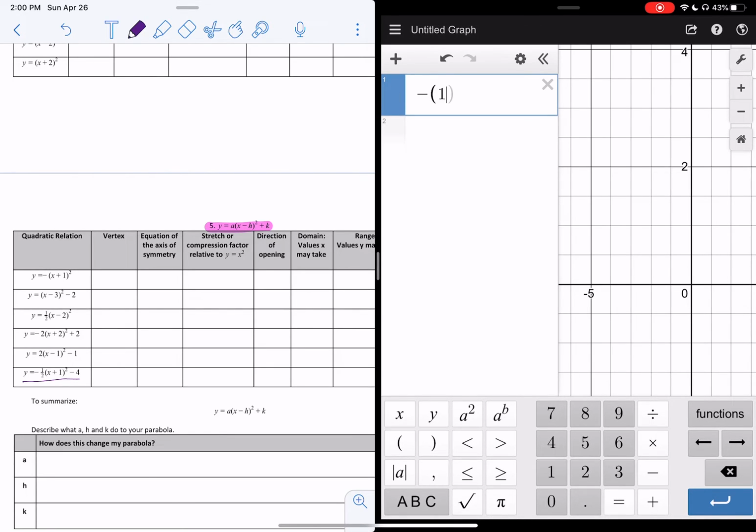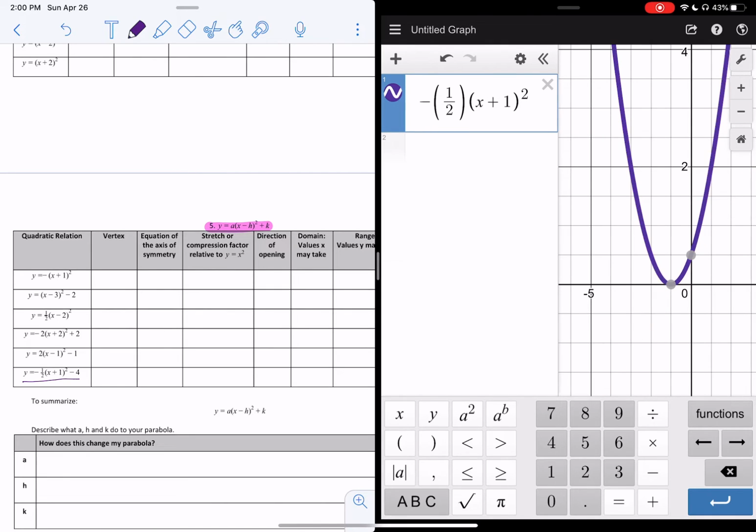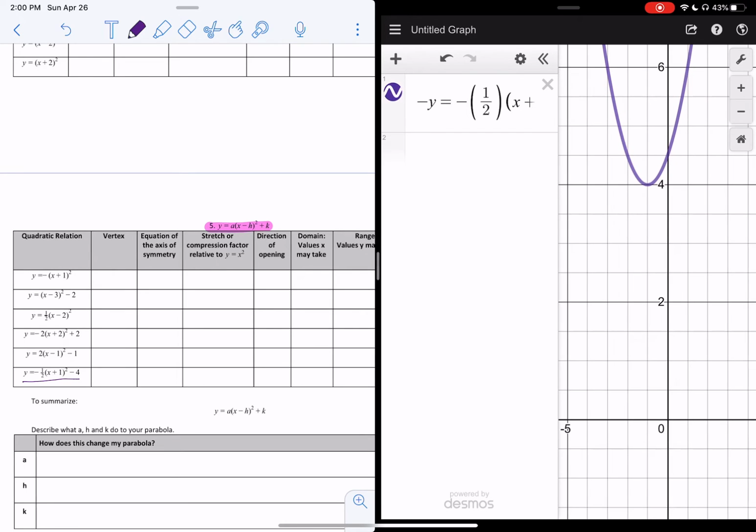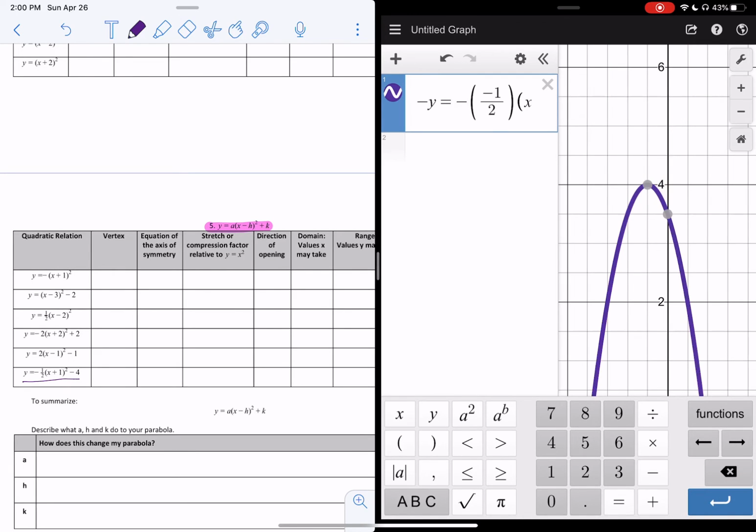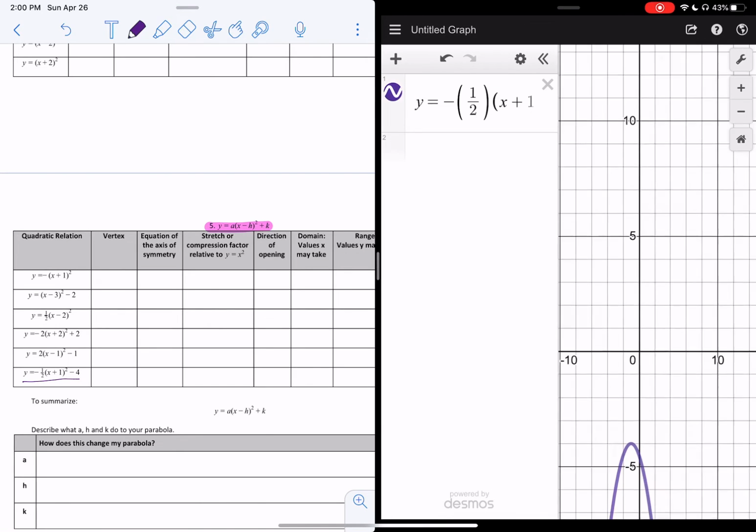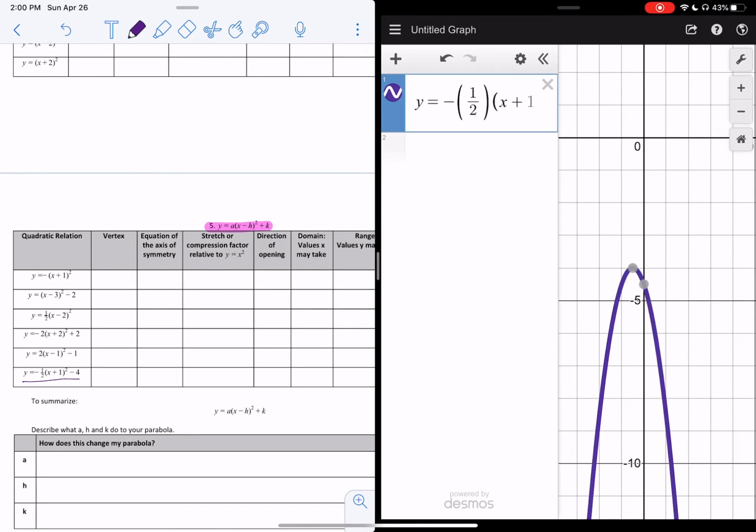So we have y equals -1/2 times (x plus 1) all squared, and then we have our minus 4. Oops, sorry, there's a leftover negative here. Okay, so we should have something that looks like this.